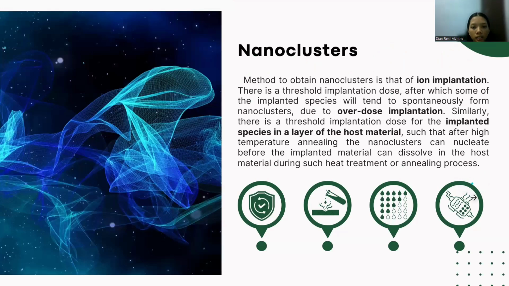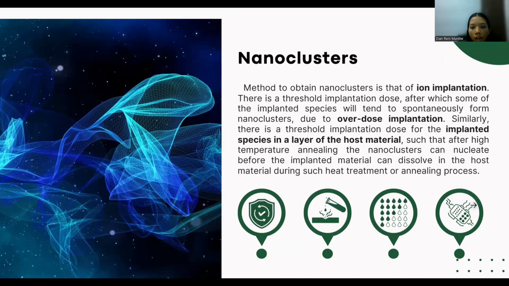The last is nanocluster. A method to obtain nanoclusters is ion implantation. There is a threshold implantation dose after which some of the implant species will tend to spontaneously form nanoclusters due to overdose implantation.